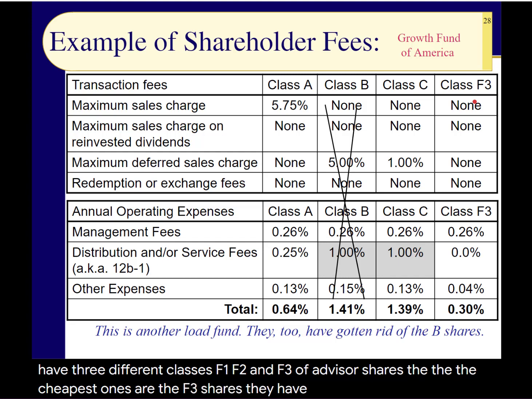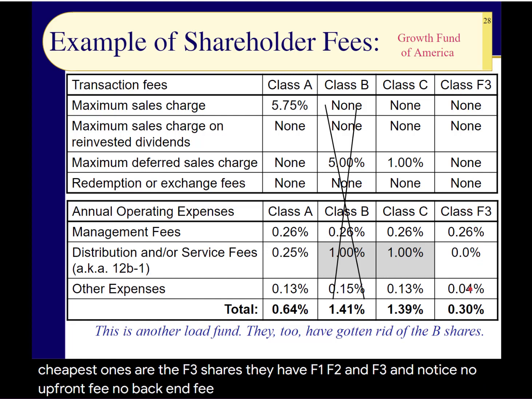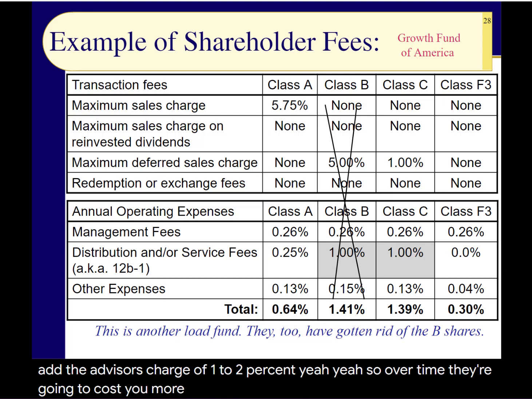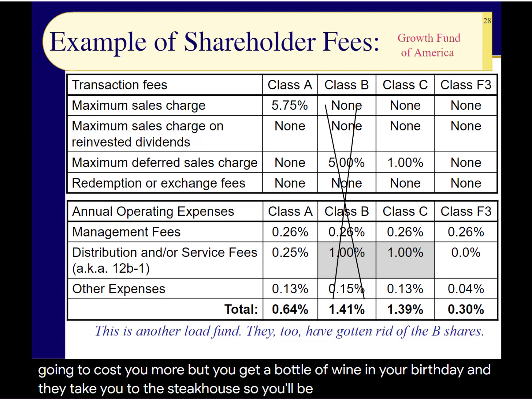And notice, no upfront fee, no back-end fee, and very low, 30 cents. But again, you have to add the advisor's charge of 1 to 2%, 1.25. Yeah. So over time, they're going to cost you more. But you'll get a bottle of wine on your birthday, and they take you to the steakhouse, so you'll be happy.